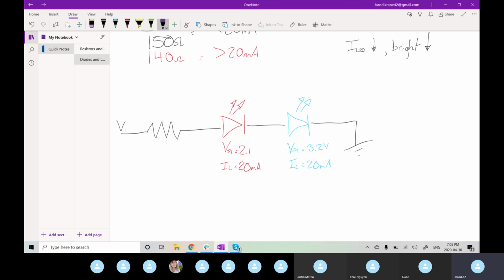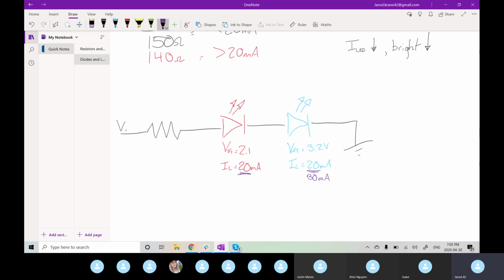Now it's preferred if your LEDs have the same current rating if you're throwing them in series. But in the case that maybe this one is actually rated for 30 milliamps, you would still want to spec your design to only allow for 20 milliamps, since that will be the more limiting factor on the design.